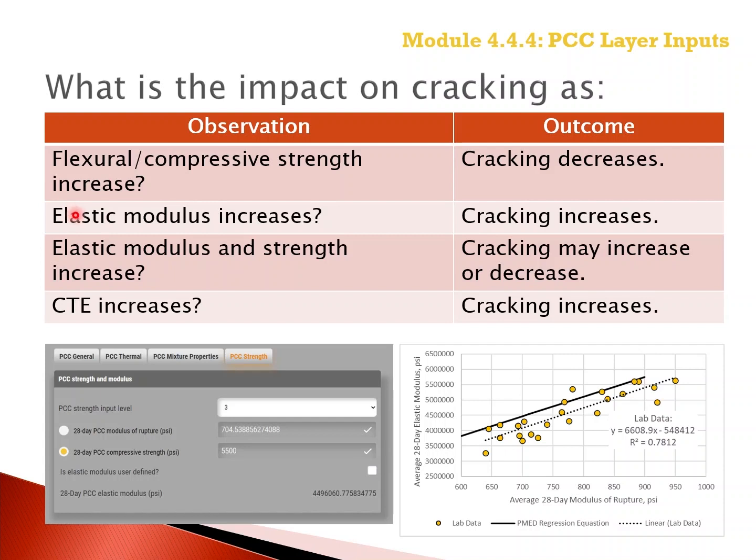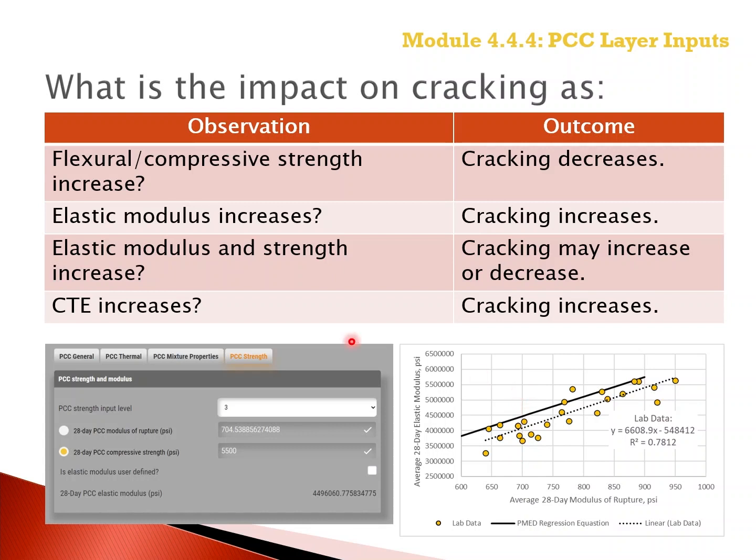So, what is the impact on cracking if the PCC elastic modulus increases and the strength does not change? In other words, we're not changing the strength for different mixes, but the elastic modulus is increasing. So strength is remaining constant, elastic modulus is increasing.